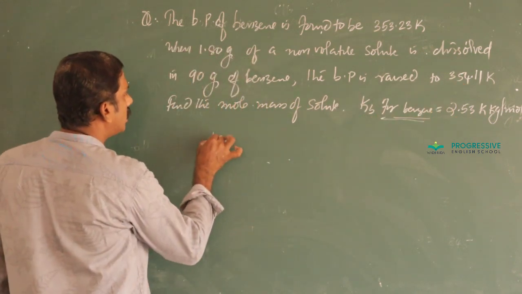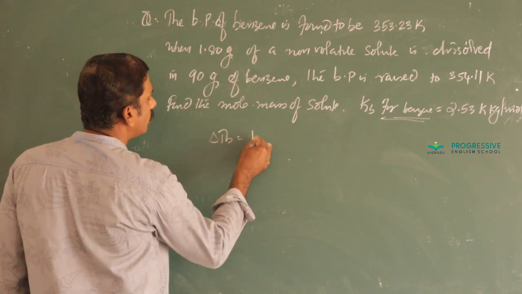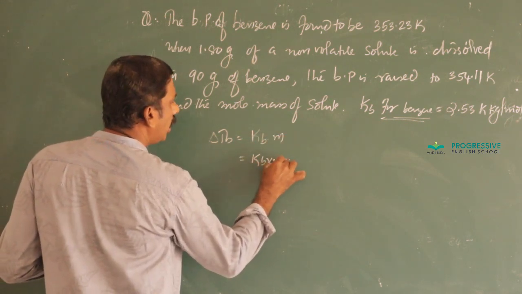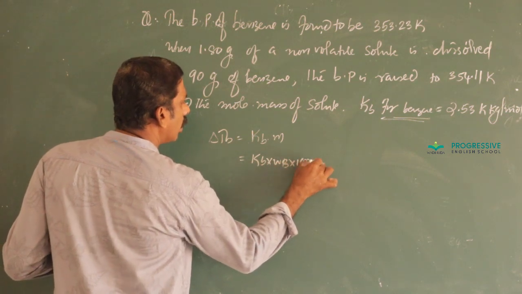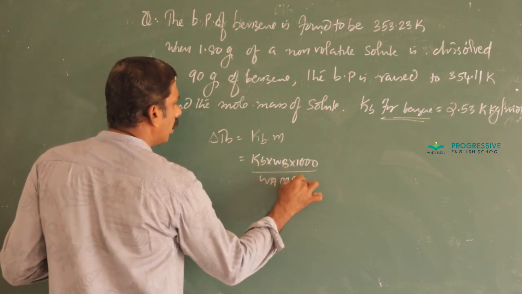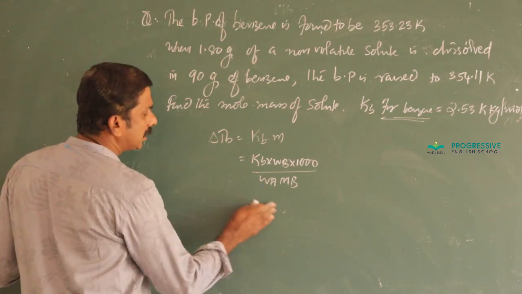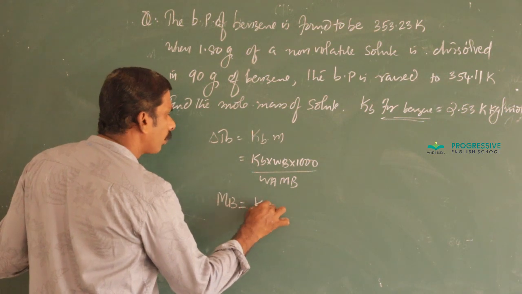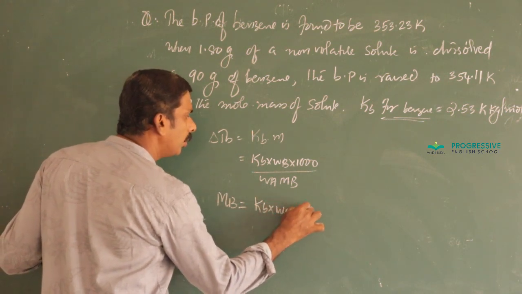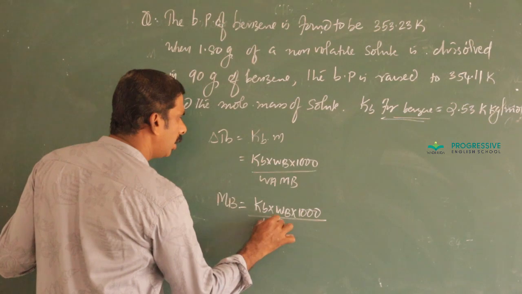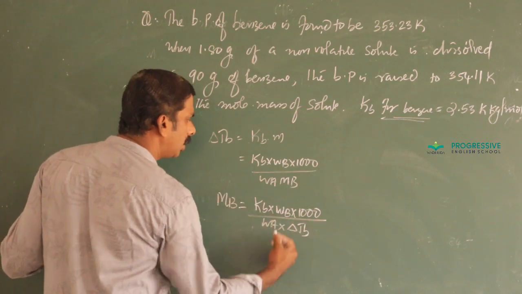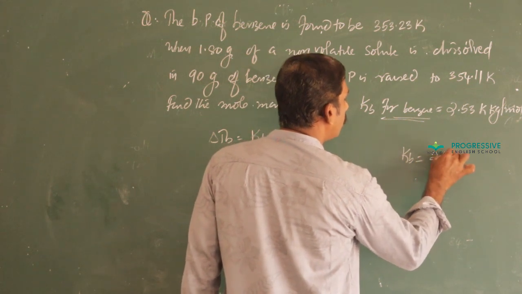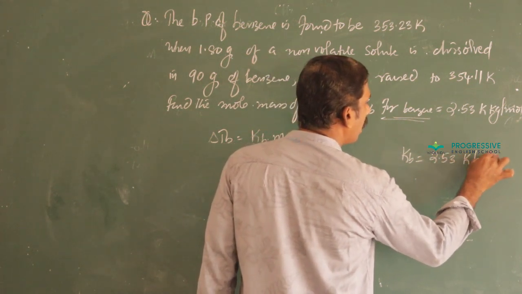You know the formula is delta Tb equal to Kb into m, or Kb into Wb into 1000 divided by Wa into Mb. Or Mb equal to Kb into Wb into 1000 divided by Wa into delta Tb. Here Kb equal to 2.53 Kelvin per molal.